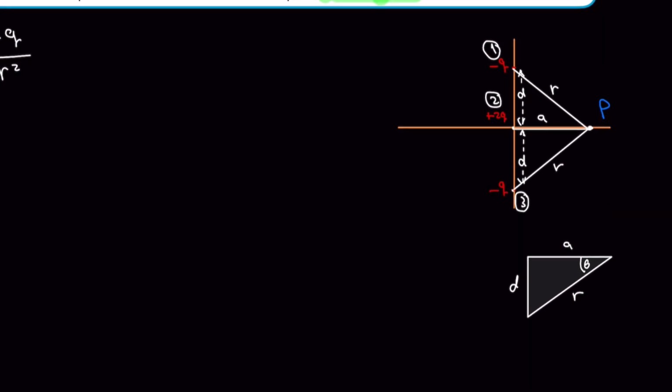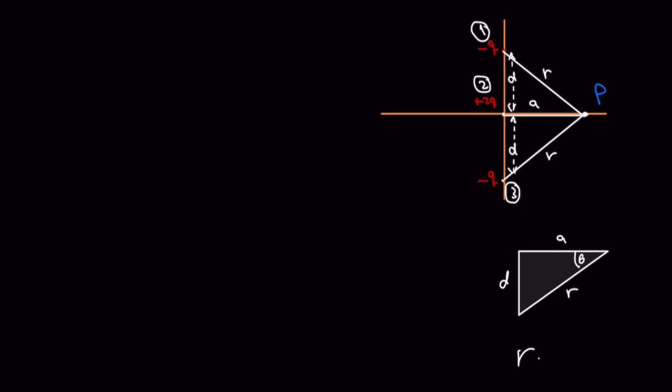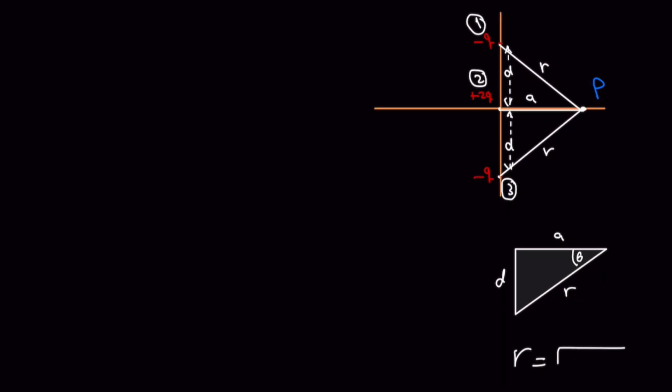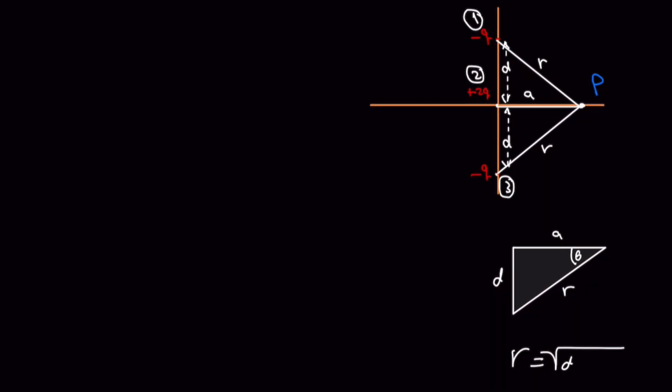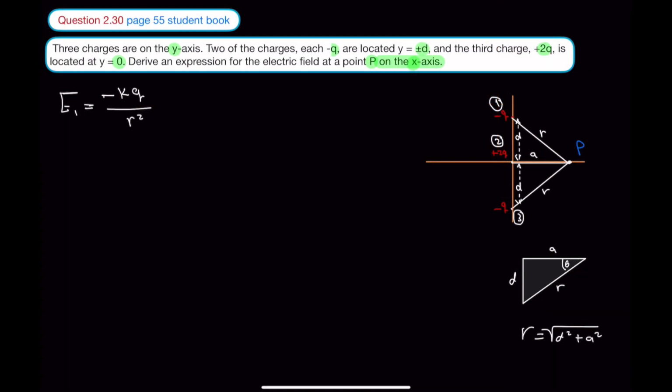So that means that the distance r, according to the Pythagorean theorem, is equal to the square root of d squared plus a squared. So let's substitute here. So we'll get negative kq over r squared, which equals d squared plus a squared. Now let's get E1 on x.